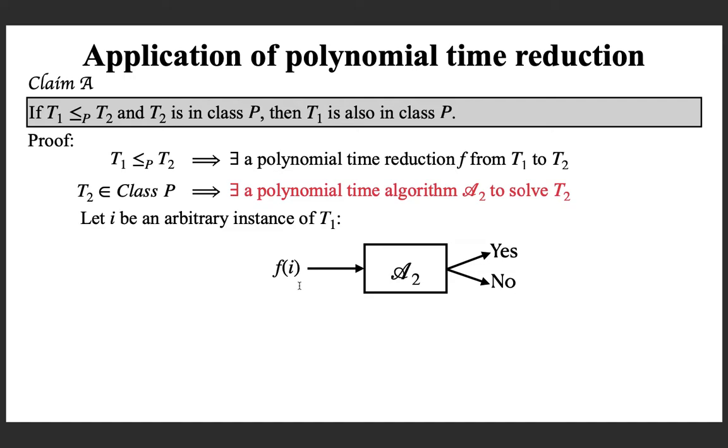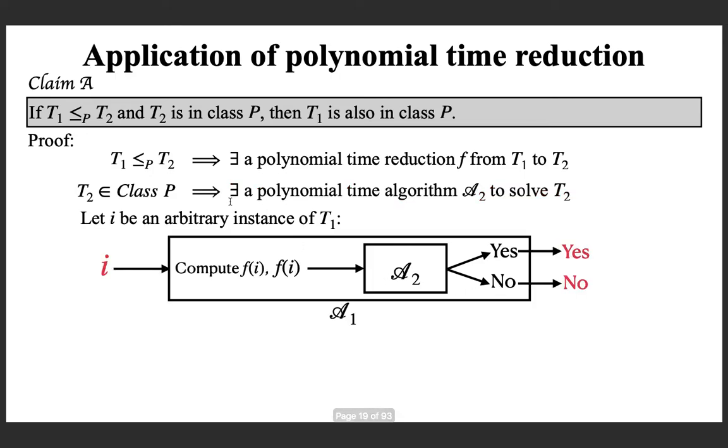So given an input, the algorithm will say yes or no. Recall that we are only looking at decision type problems. Now I can tell you how we can construct an algorithm A1 for the first problem T1 by utilizing the algorithm A2.